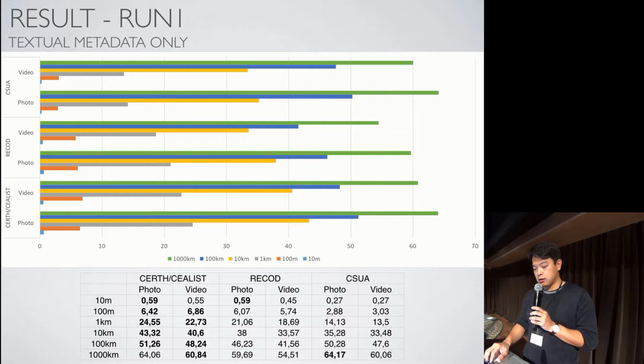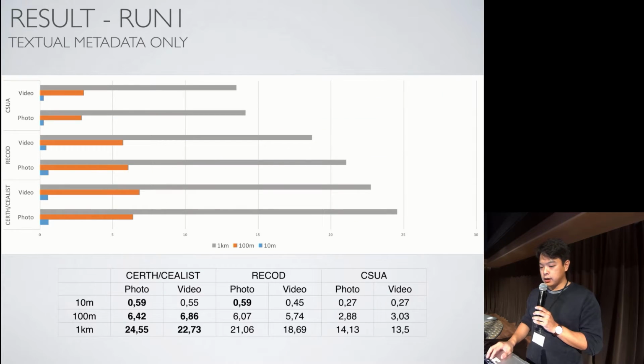But still, we saw that at 100-meter range and 1 kilometer range, we get a reasonable amount of photos placed within those error ranges. And if you zoom in, then we can see that it's really hard to pick the photo right in the exact location.